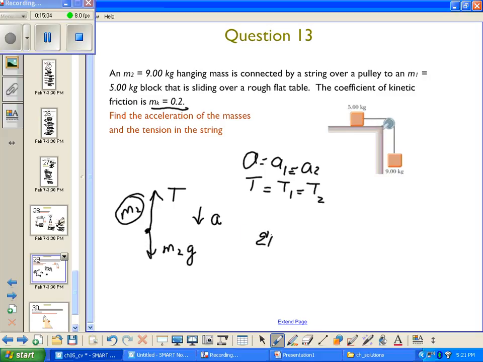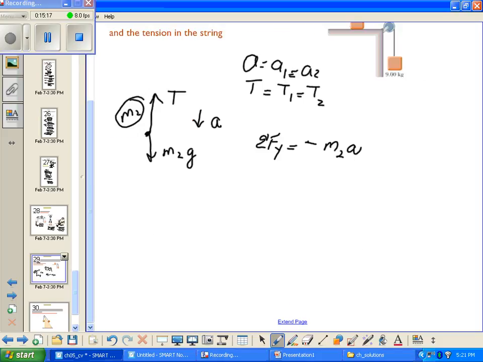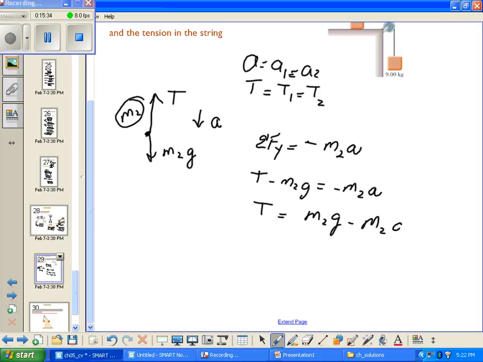So here, when we set all of the forces along the vertical, we have to set them equal to minus m2a to take into account the downward acceleration. And these forces are T minus m2g equals minus m2a, or T equals m2g minus m2a. And so here is one equation containing one of the unknowns.